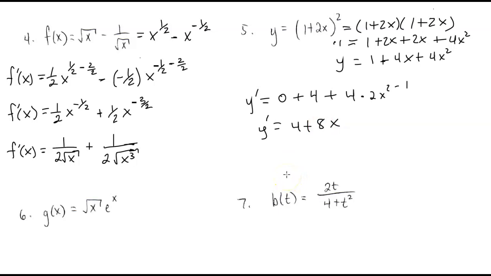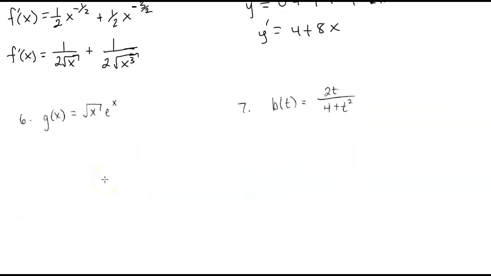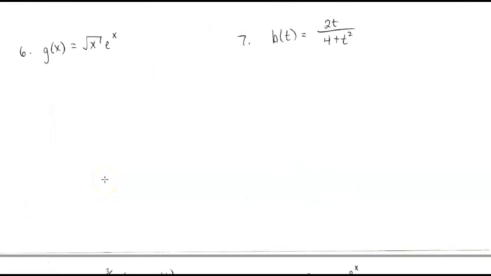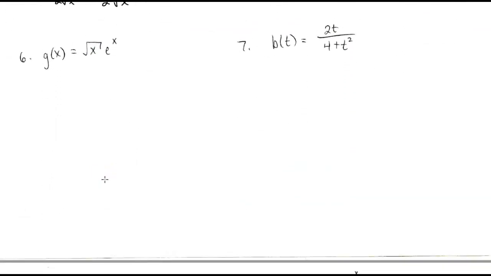All right, so let's do examples 6 and 7 here. Examples 6 and 7 involve us using the product rule and quotient rule respectively. So for number 6, we're going to use the product rule, and for number 7, we're going to use the quotient rule.